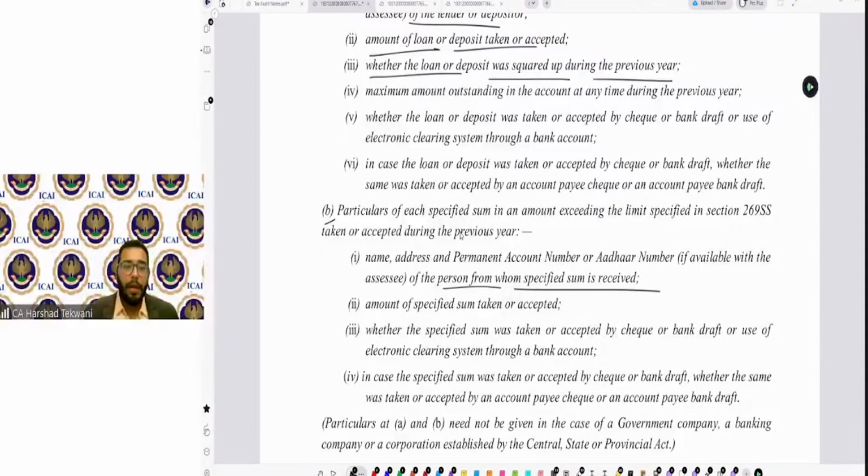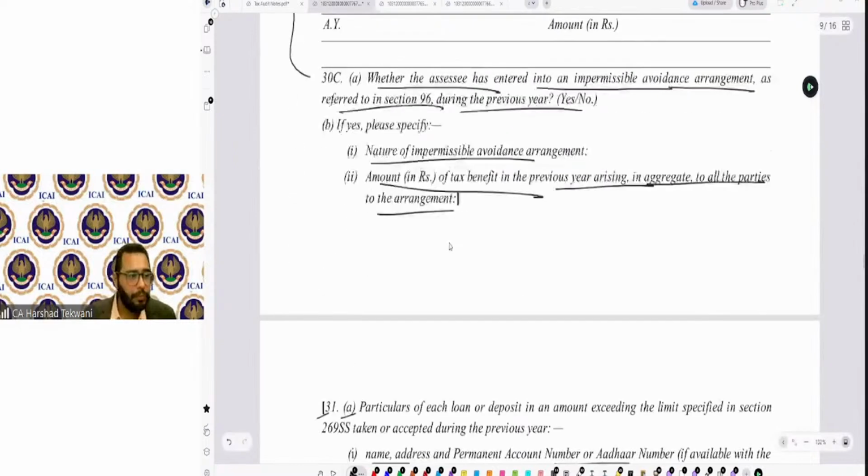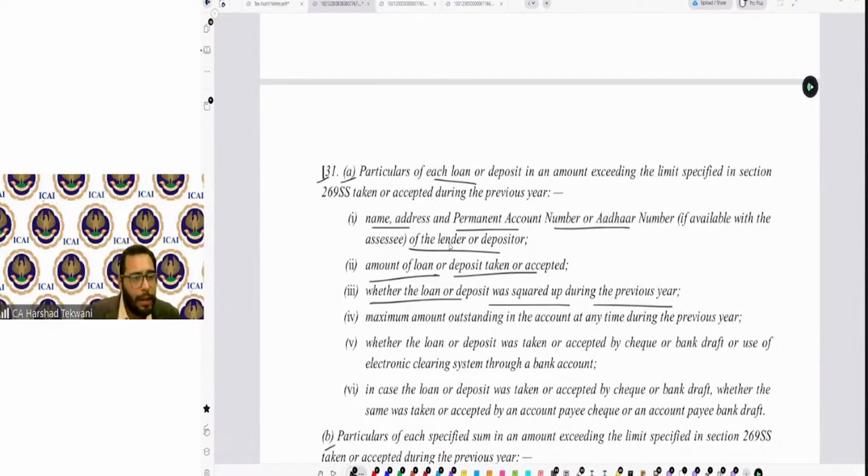That means whether the loan was made zero. I have taken the loan during the year, but all the loan was paid during the year. So squared up. Maximum amount outstanding in account at any time during the previous year.